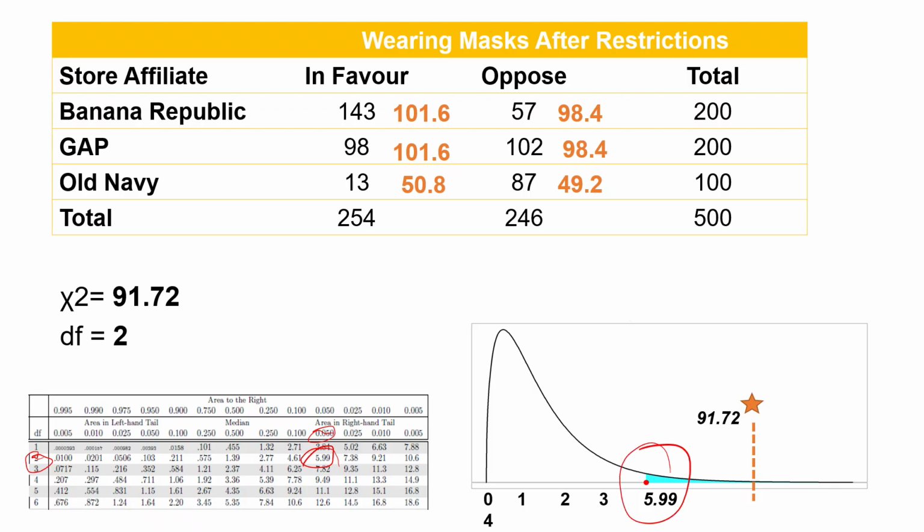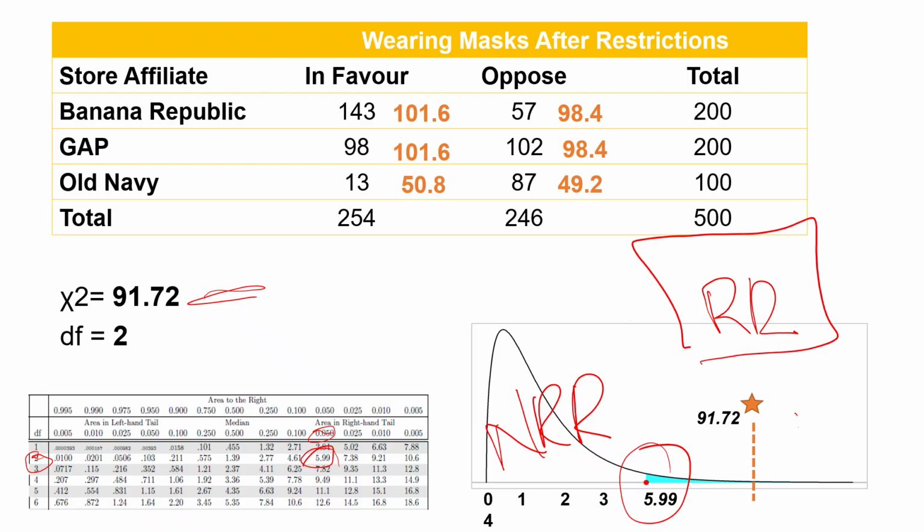So that's our critical value. And of course, the value of our chi-square is 91.72, which falls over here, and remember that this is our rejection region. If it fell on the other side of that 5.99, it would be our non-rejection region. So in this case, we are going to reject H0. And we can say that the people do not all have the same proportions favoring the proposal to wear the masks after restrictions.